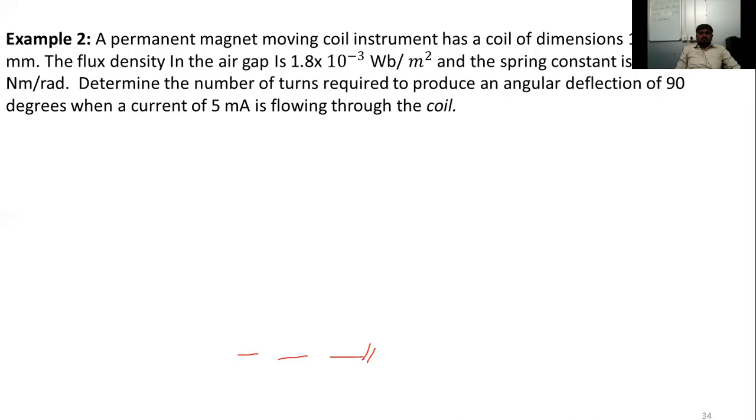Determine the number of turns required to produce an angular deflection of 90 degrees when a current of 5 microampere is flowing through the coil.